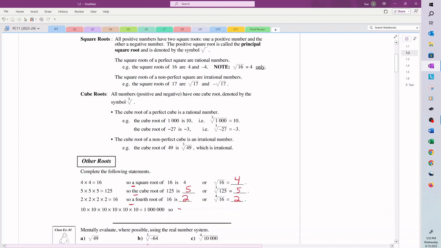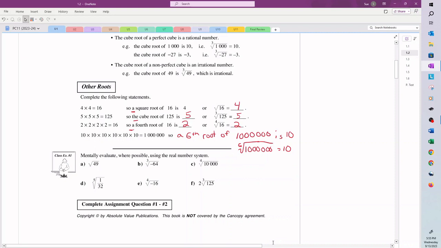So a sixth root of 1,000,000 is 10, and we would write that as the sixth root of 1,000,000 equals 10. All right.